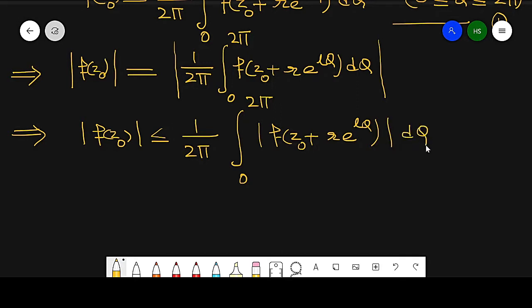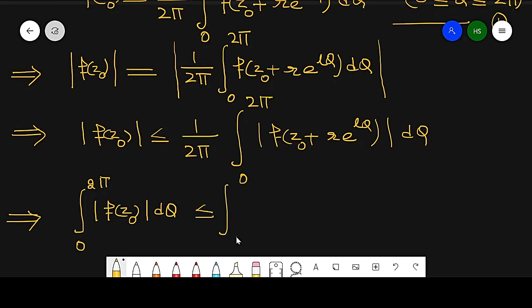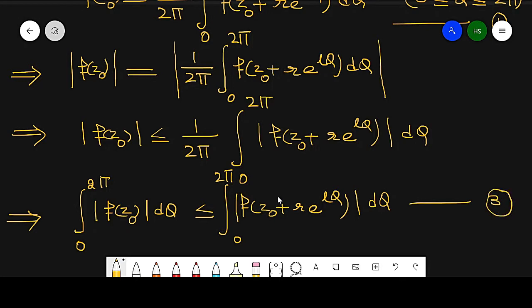Shifting the 2 pi to the other side, integral from 0 to 2 pi of modulus of f(z naught) d theta is less than or equal to integral from 0 to 2 pi of modulus of f(z naught plus r e raised to power i theta) d theta. This is equation number 2.